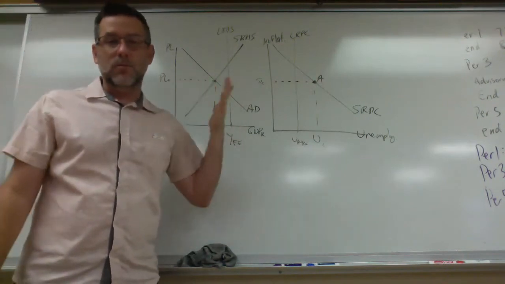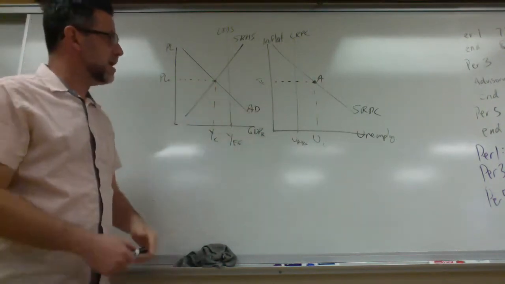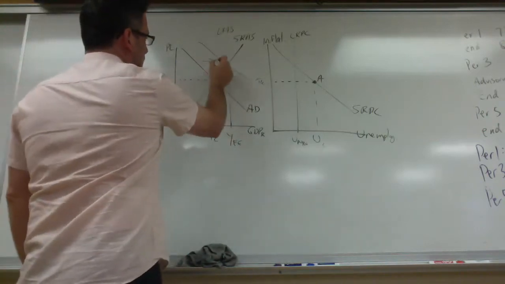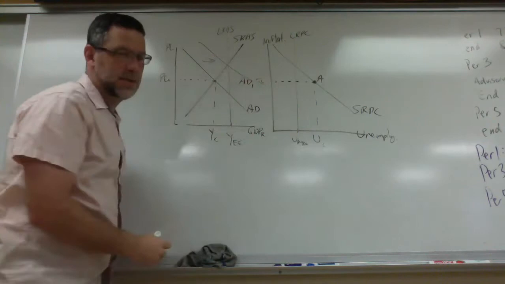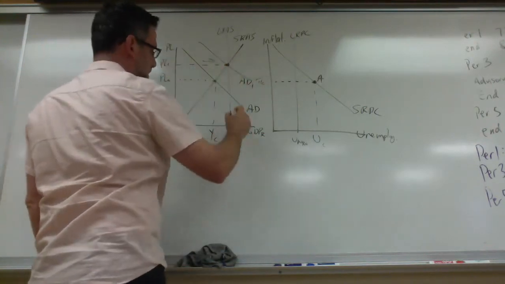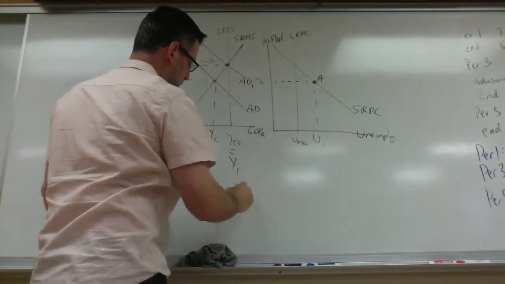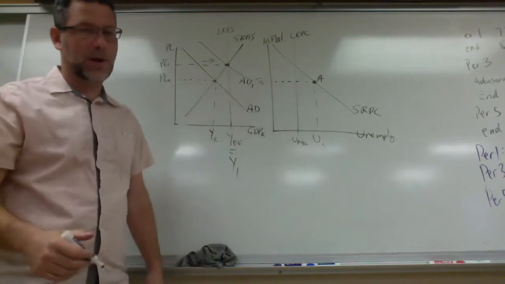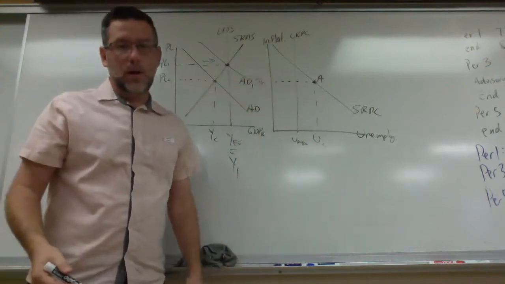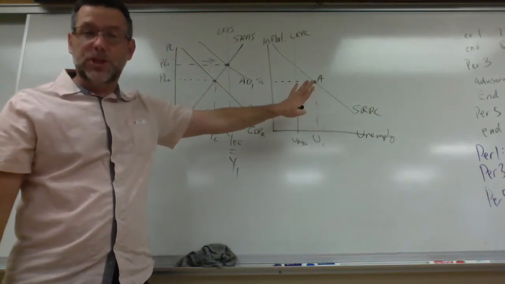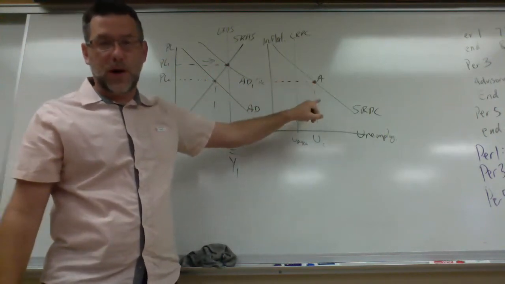So then when we start having anything that changes over here, let's say that we have an increase in aggregate demand. Boom. Aggregate demand increases to the right. I find my new intersection point. What happens over here? Well, over here there is no shift, because remember, when there's a shift to aggregate demand, we get a move on the Phillips curve.